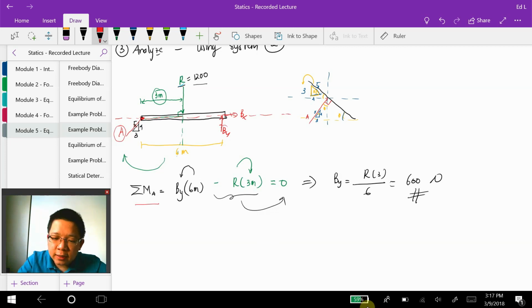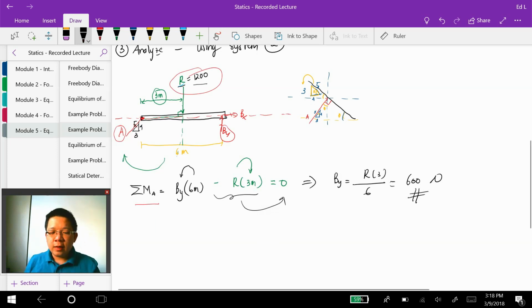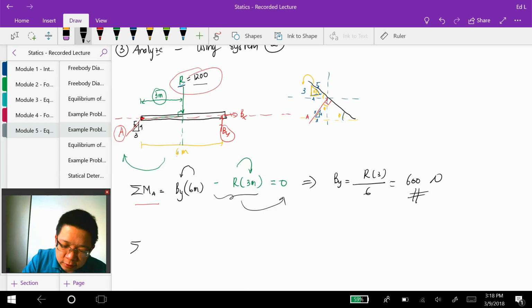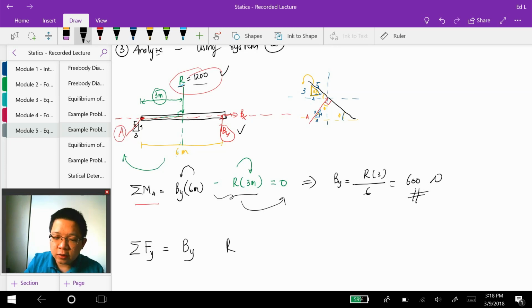Only By and R have a moment arm when we take the moment about point A. Then let's write the second equation, which is the sum of the forces in the Y. Here we have By, the force in the Y direction at B, and R is going down, so it has a negative sign.